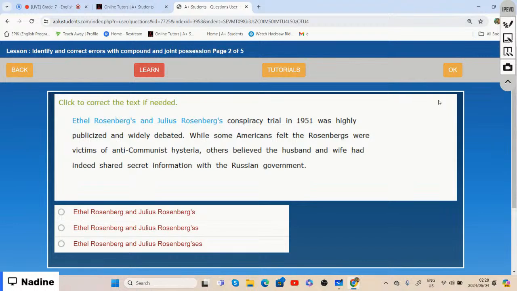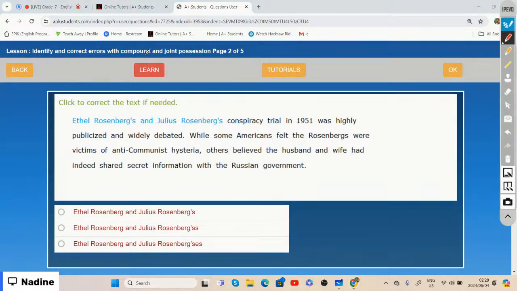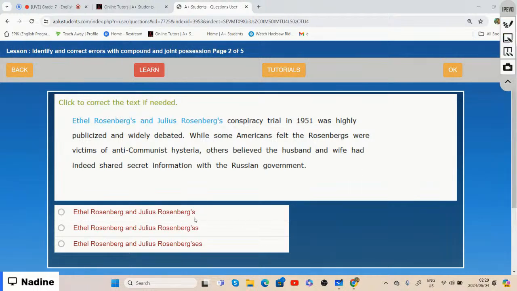So since they're living in the same house, they're only going to put an apostrophe after the last word, the last part of that word. So we'll say Ethel Rosenberg and Julius Rosenberg's conspiracy trial, right? And we'll choose option one.